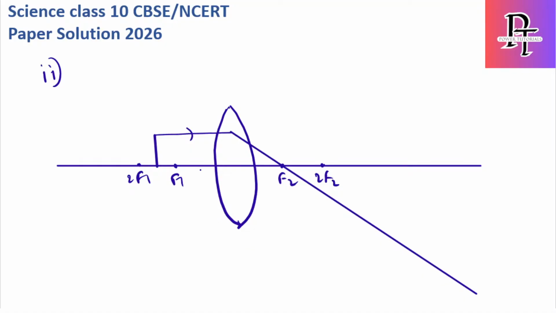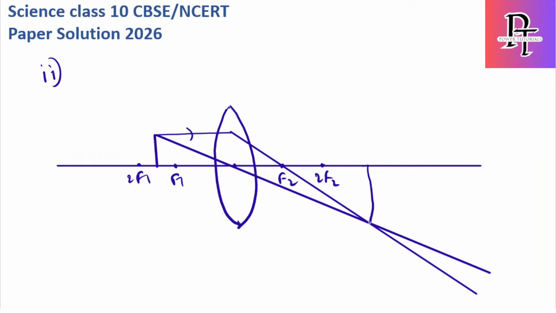Second, if it is passing through the pole, then it will pass through the same way. If we draw it properly, it will be somewhere like this. So the image will get created somewhere here.